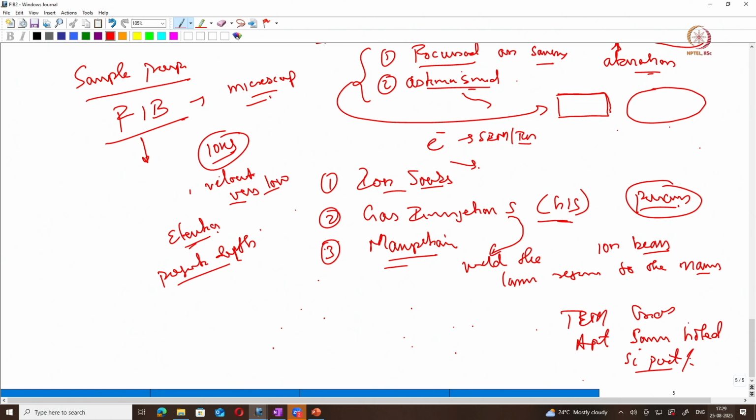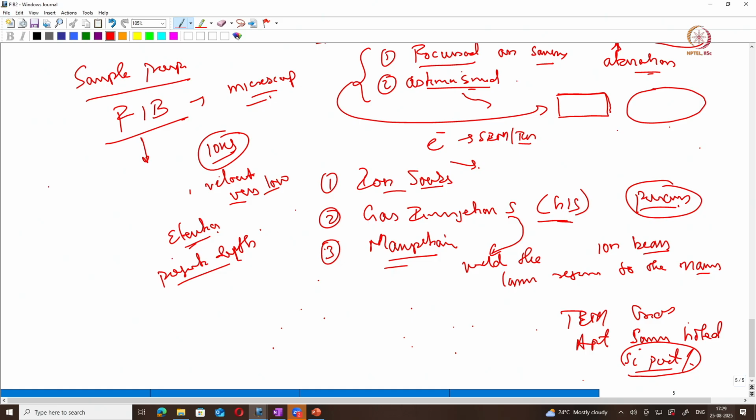We'll have silicon posts, correct? I will go through it briefly at a later stage when we talk about correlative microscopy. Fine. So I hope you got a clear picture that the most used sample preparation method nowadays is FIB.